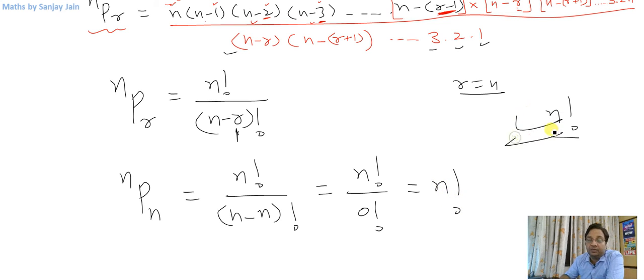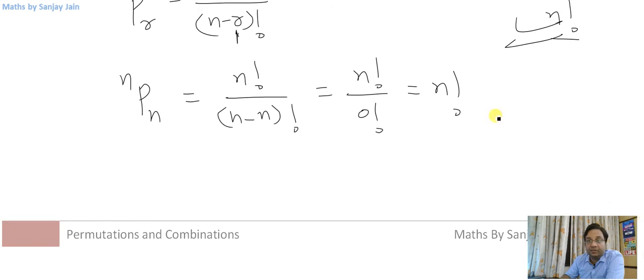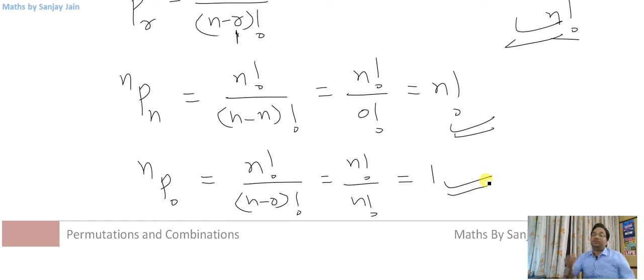So yes, when I take all at a time and arrange them in a row, this is going to be equal to n factorial. Okay, and if I take 0 at a time, let us say n factorial by n minus 0 factorial, that is n factorial by n factorial, and it is going to be equal to 1. So there is only one way of taking 0 objects and arranging them, right? That we take no element out of it.